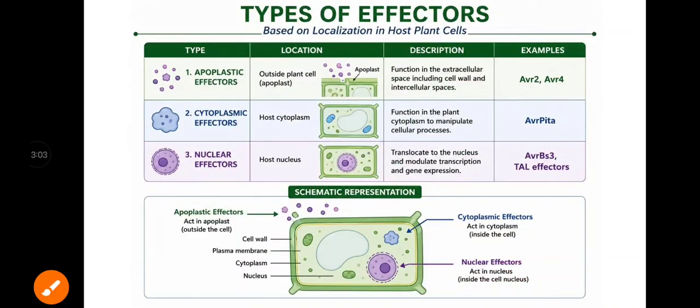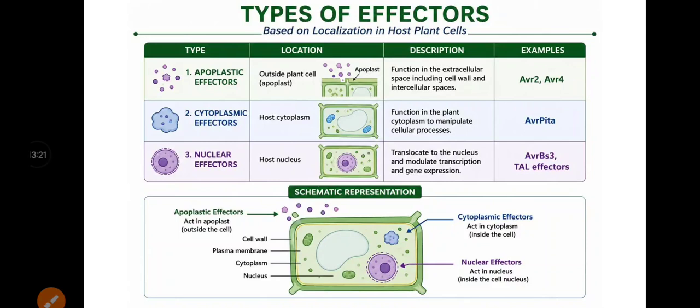Next, about the types of effector. Based on the location where these effectors are located, based on their localization, three types of effectors are there. Type 1, apoplastic effector.